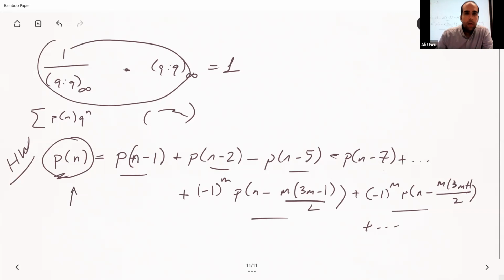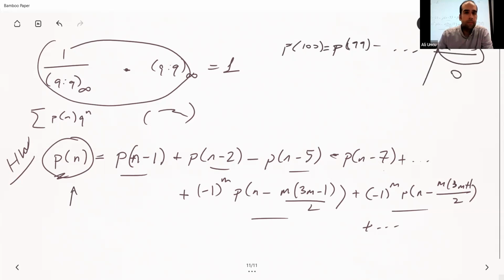So the trick for P of 100 is definitely a recurrence relation. P of 99 goes all the way. So after some time, this becomes a negative value, right? Whenever it becomes negative, these are 0.